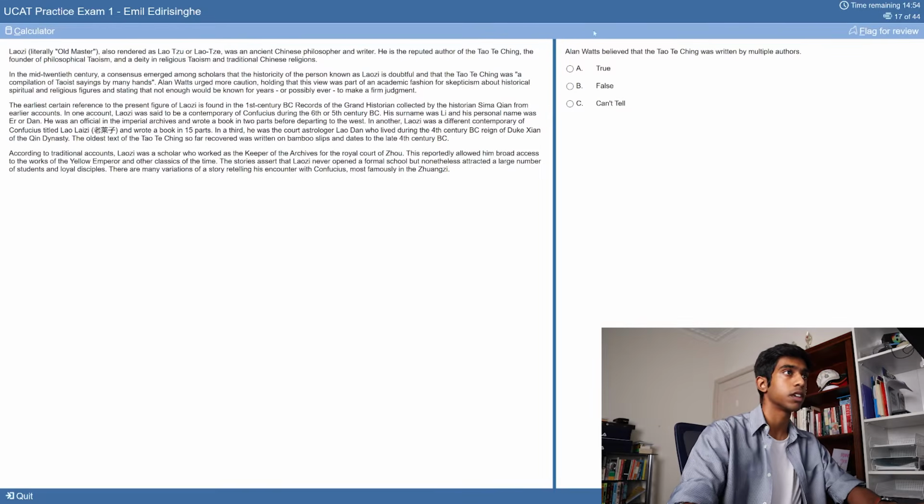Right. Alan Watts believed that Tao Te Ching was written by multiple authors. Ancient Chinese philosopher and writer. Reputed writer of Tao Te Ching. Okay. Consensus emerged amongst scholars of Tao's sayings by many hands, and then Alan Watts urged more caution, holding that this view was part of academic fashion.